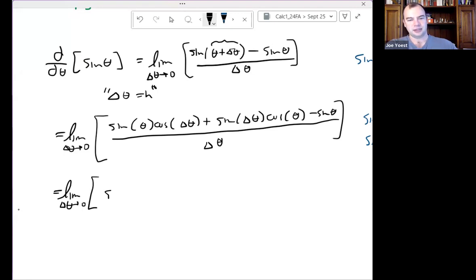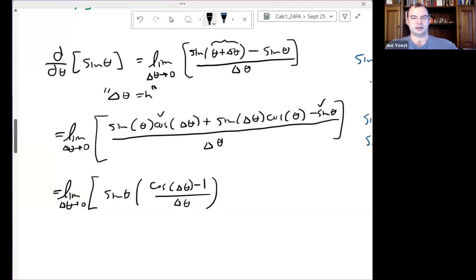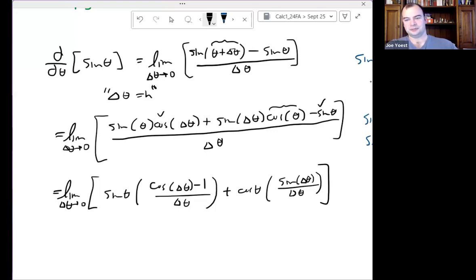Well, I can factor a sine theta out, and then I'm left with cos delta theta minus 1 over delta theta. And then I can factor a cos theta out, and I have sine delta theta over delta theta.